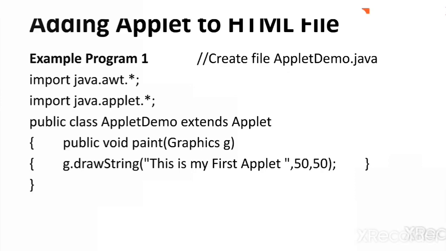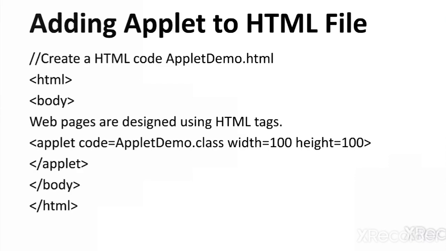We have discussed how to prepare an applet tag in our previous session. You can go through that video to know how to prepare an applet tag. And also you have to be ready with an HTML file to insert that applet tag into an HTML document. So in the next slide, I've already prepared an HTML file.